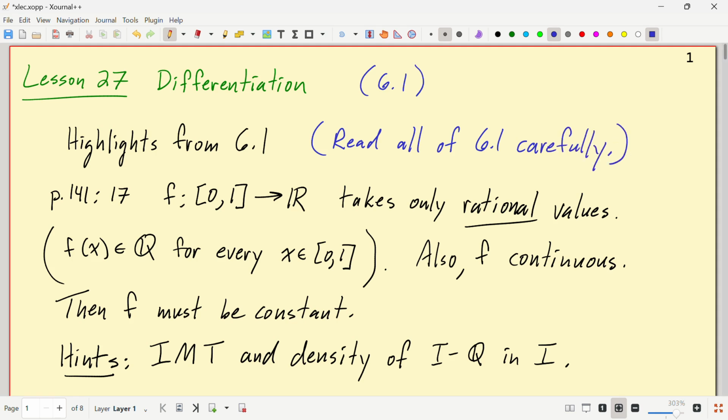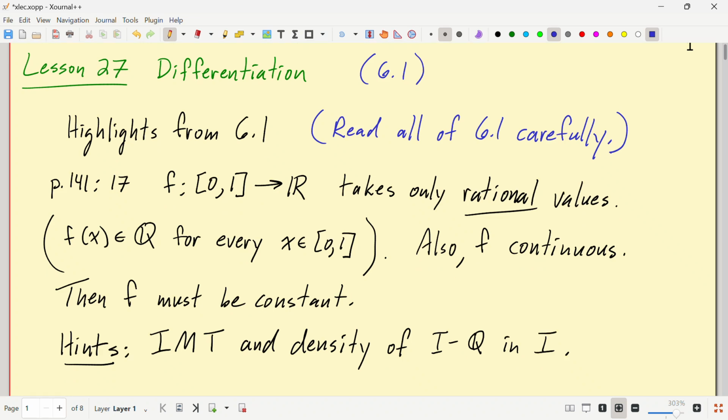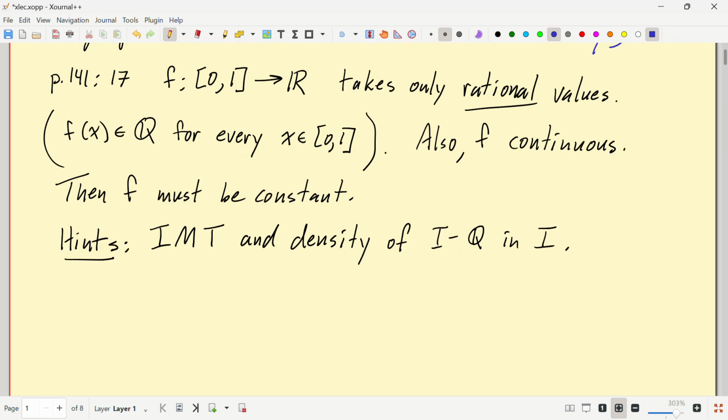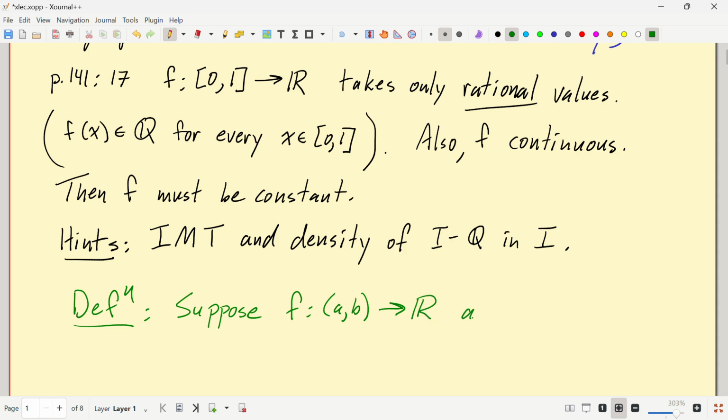Things like the derivative of a sum is the sum of the derivatives. That's a snap. But of course, we know the definition. Let's suppose f is defined on an interval and we take a c in (a, b).